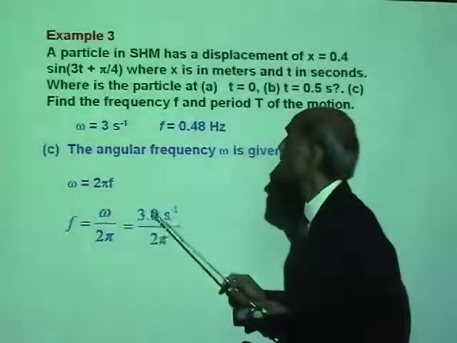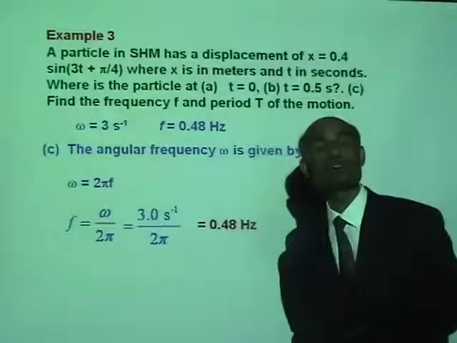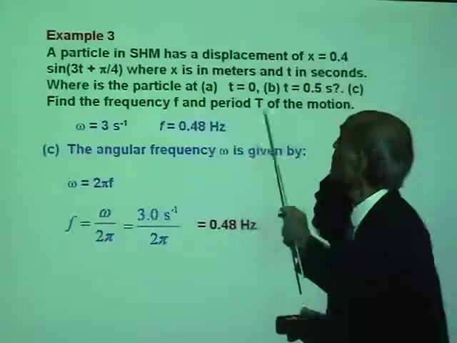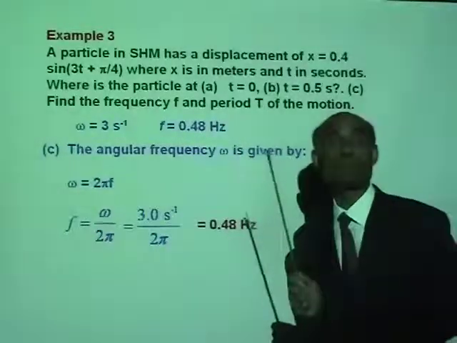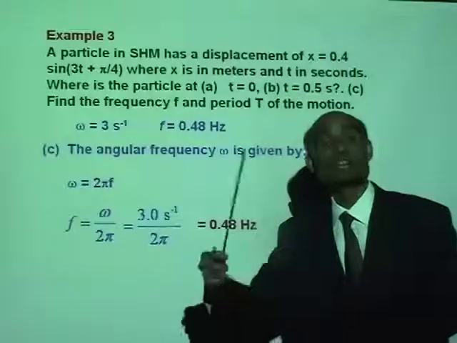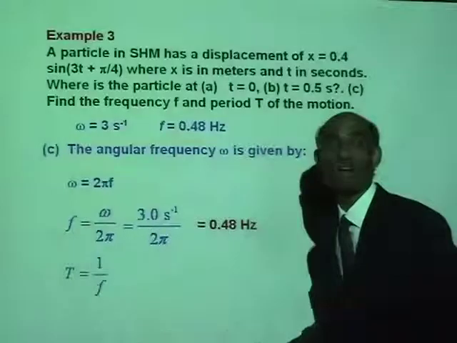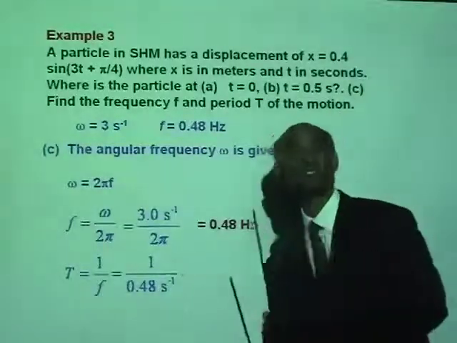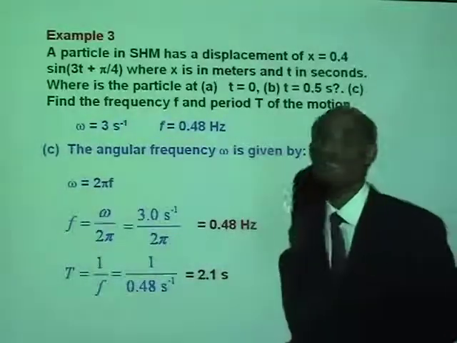Omega is 3 hertz, divided by 2 pi, that is 0.48 Hertz is the frequency. And of course, if you know the frequency, you can now find the period. Period is the reciprocal of the frequency. T equal to 1 over f, that is 1 over 0.48 per second. That is 2.1 second.